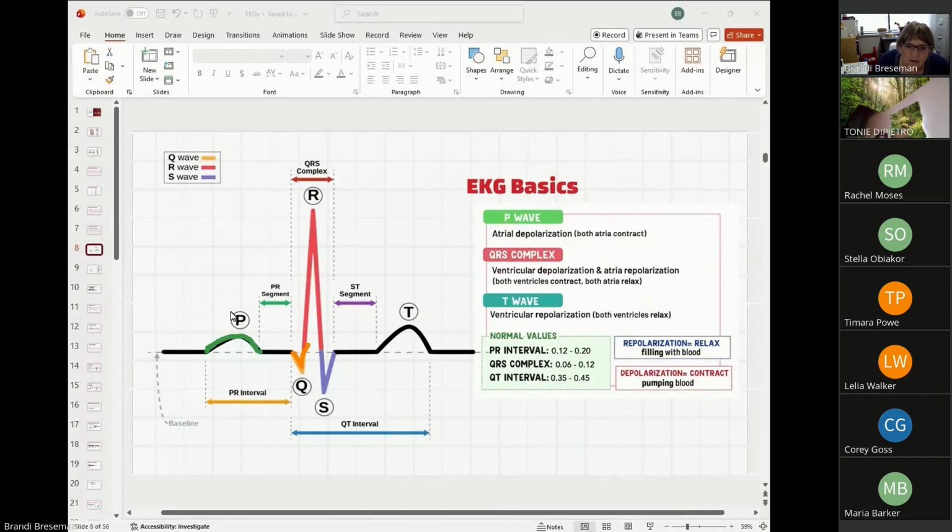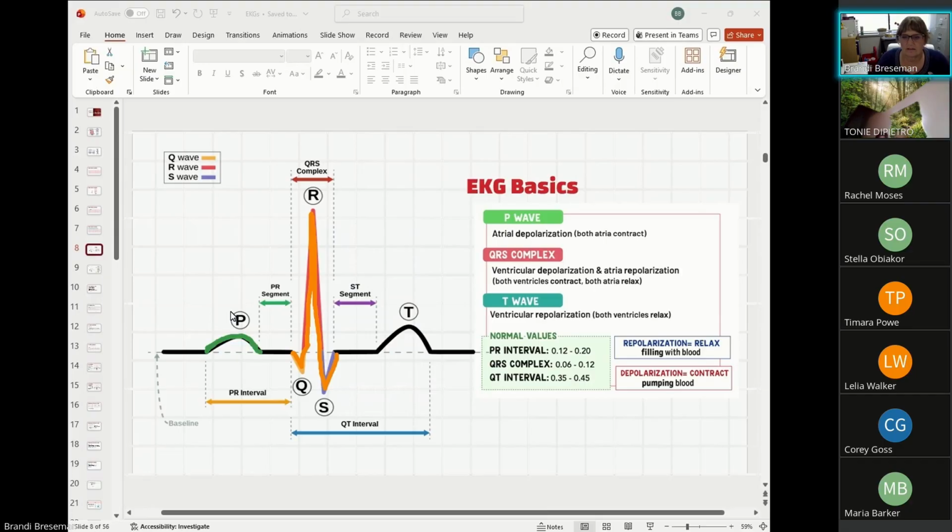This is our R. And then we come down into our S. Okay, so that's our QRS complex. And then the last waveform we're going to look at is our T wave.